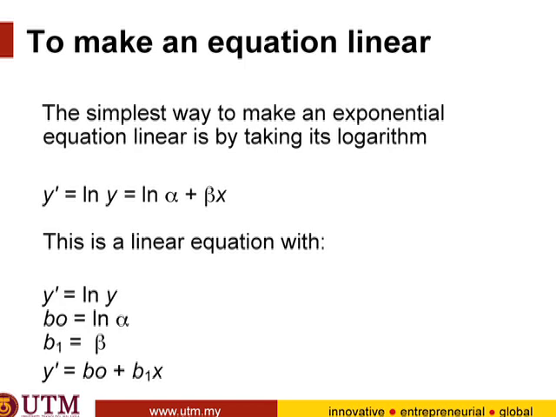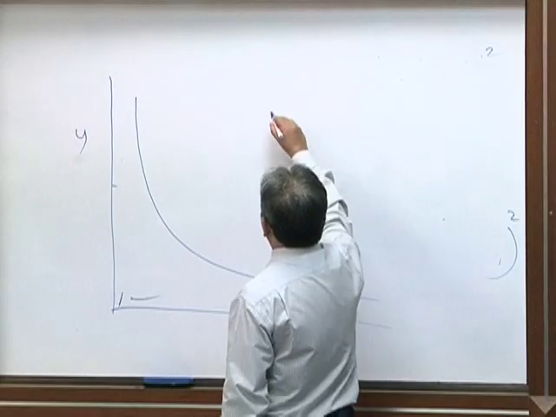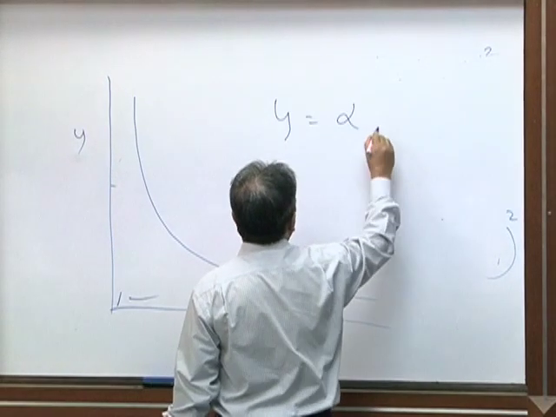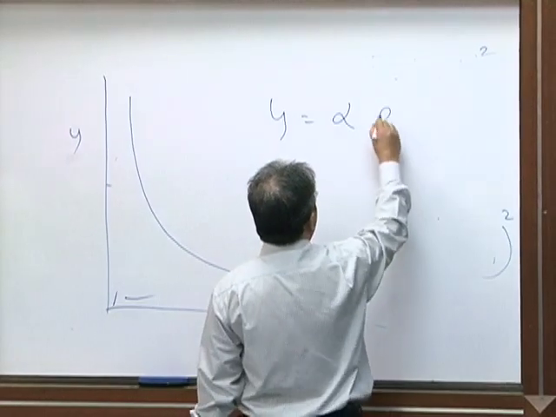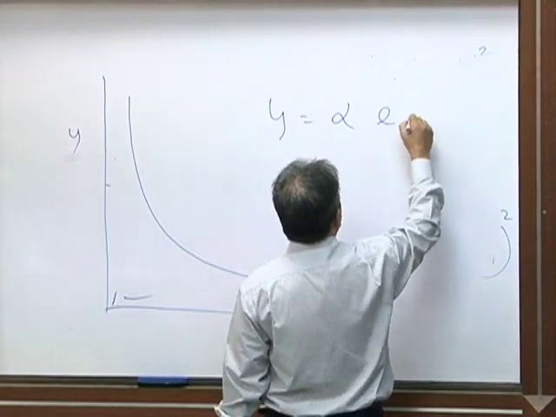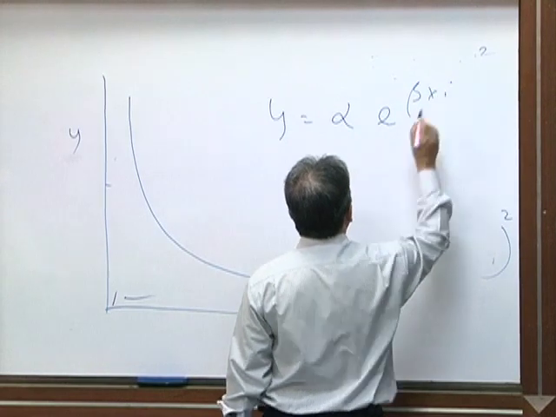The simplest way is to take the log of each side of the equation. For example, if you had, let's see, what was the equation just now? Y equals alpha e to the beta x i.